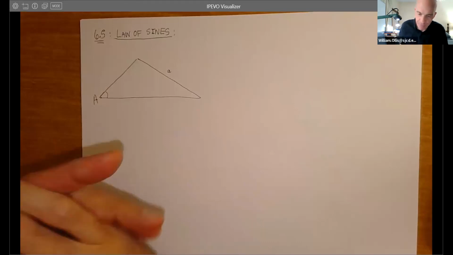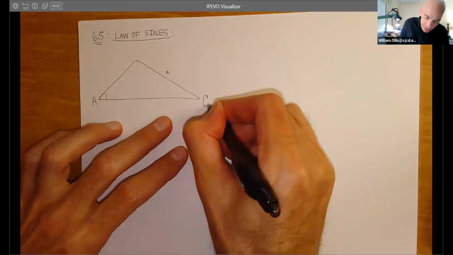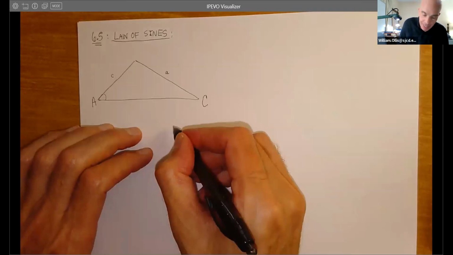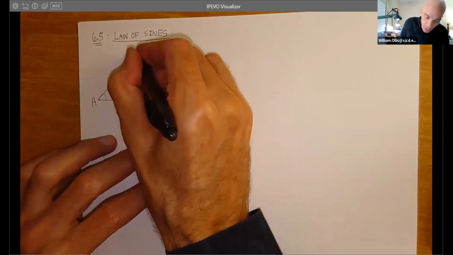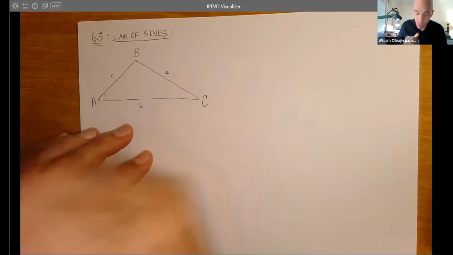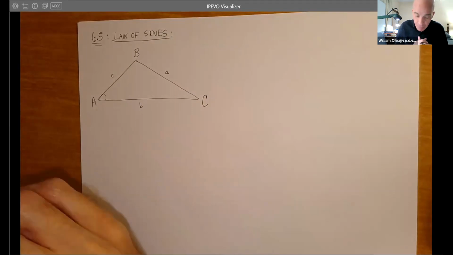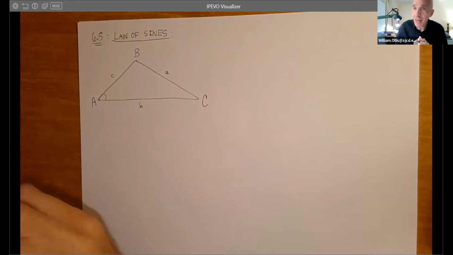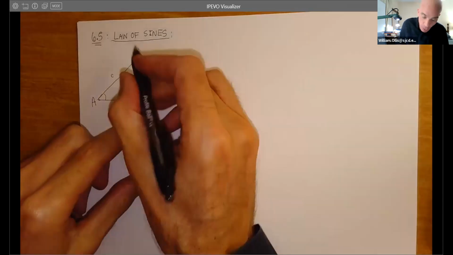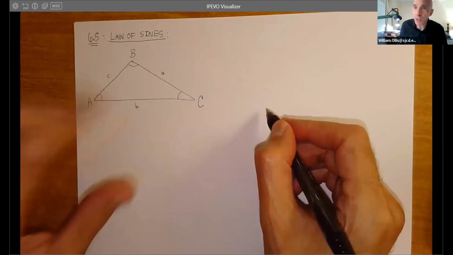So we'll adopt that for this. Then of course we could have a C here as a vertex and an opposite side c of length c, and we can have B as a vertex and an opposite side b of length b. So again, angle B, angle C, just for ease of use.